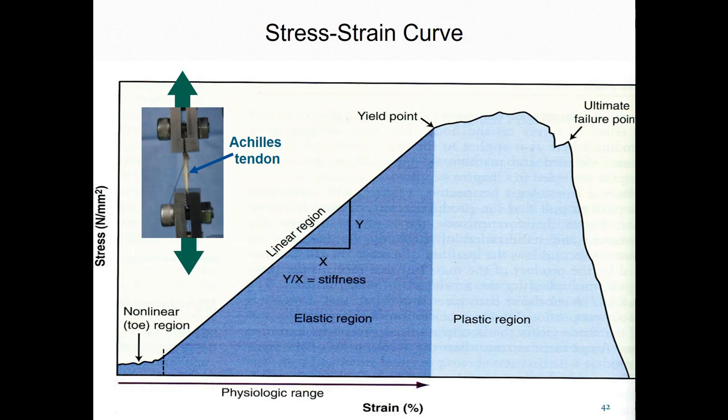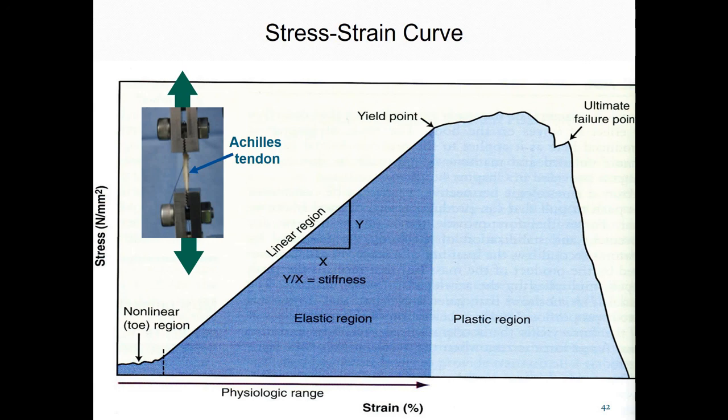In our example here, stress denotes the internal resistance generated as the Achilles tendon resists being deformed. And we take that measure of force and divide it by the cross-sectional area of the sample. Strain is the percent increase in a tissue's stretch length relative to its original pre-experimental length.